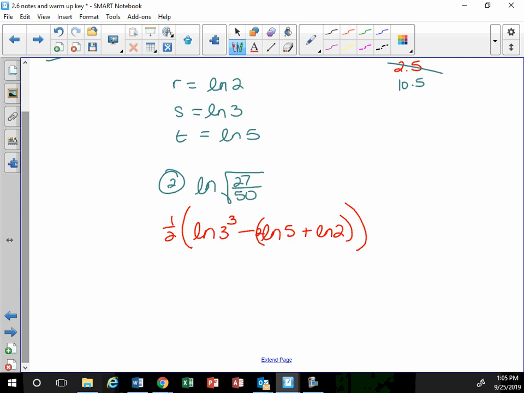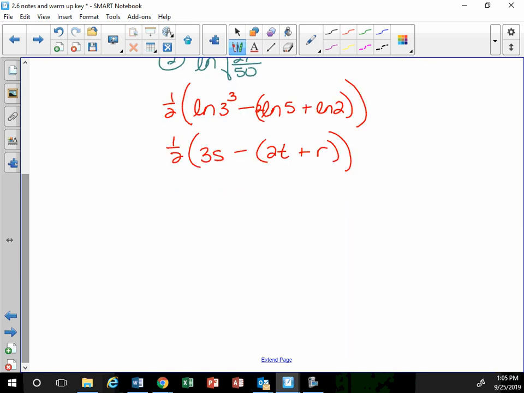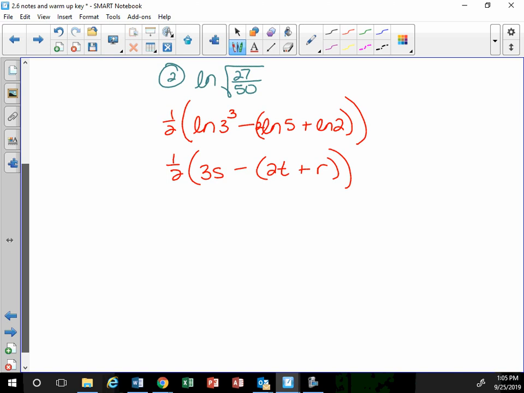Does that make sense what I'm doing? 3 cubed is 27, 50 is 5 squared times 2, right? 25 times 2, yeah. And then square root, so the half out in front of all of it. I'm not done yet. So let's see, so that'd be 3s, right? Minus 2t plus r. That's where some people thought stopping seemed like a good idea.